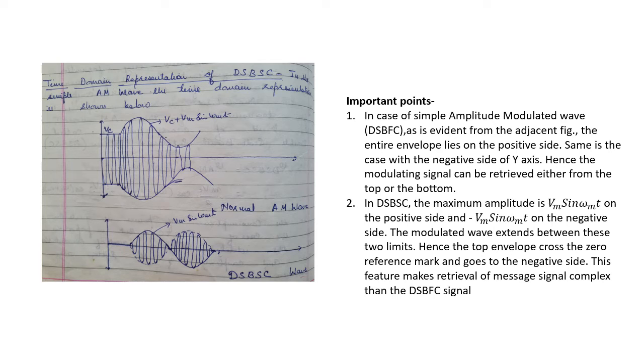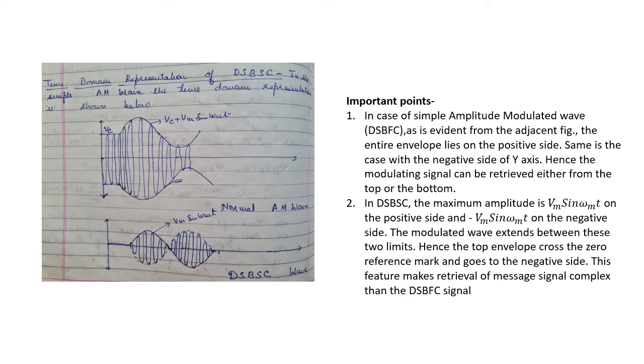In the figure, the upper part depicts the double sideband and full carrier amplitude modulated wave, and the lower portion, the second figure, is the time domain representation of DSBSC, or double sideband and suppressed carrier amplitude modulated wave.